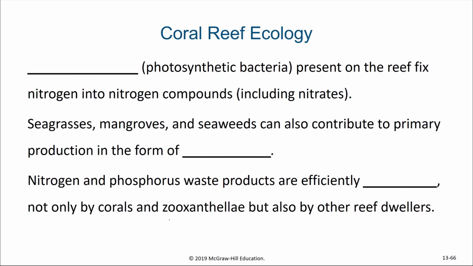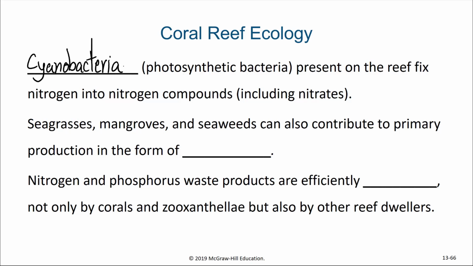Within the coral reef, there will be a few other primary producers, such as cyanobacteria, which are photosynthetic bacteria present on the reef, and these cyanobacteria also function as nitrogen fixers, converting dissolved nitrogen gas into nitrates.